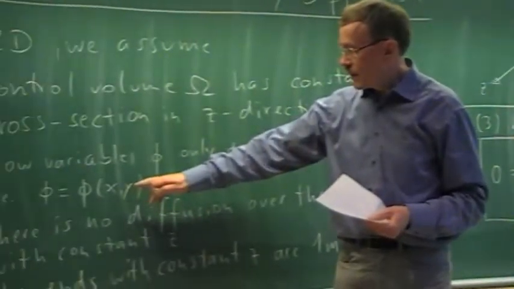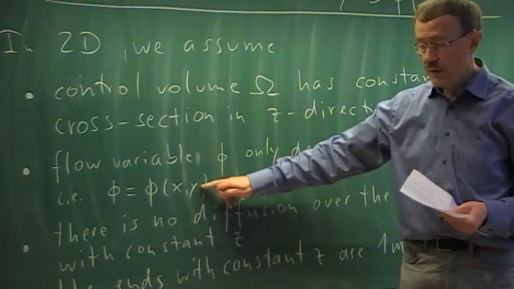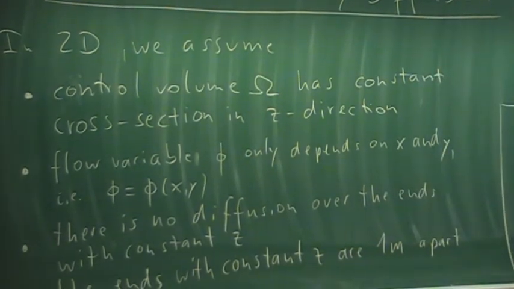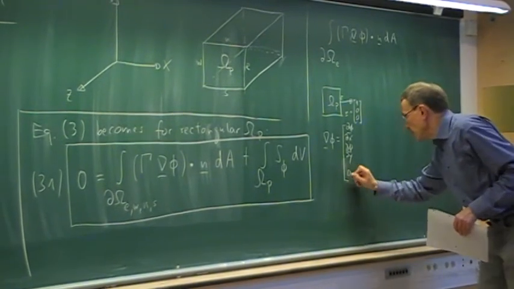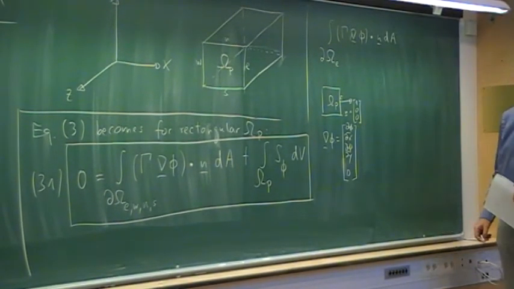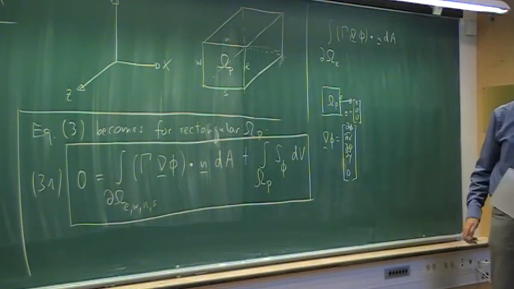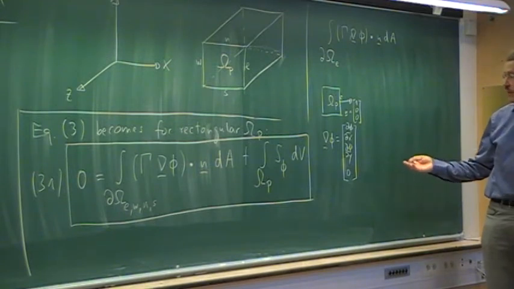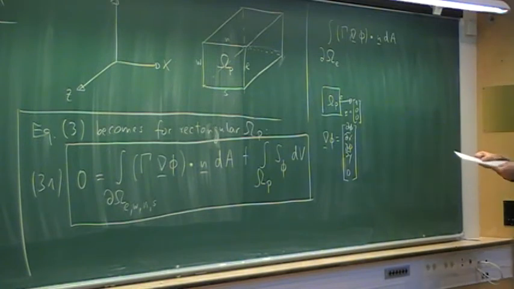We can say that, you see directly here, phi does not depend on z, so d phi dz is 0. We can also say we have no variation in the z direction, so therefore we have a 0 here. So now we take the dot product of gamma times the gradient and the outer unit normal vector n. What is surviving? It's only surviving plus d phi dx. That is the only one that is left.